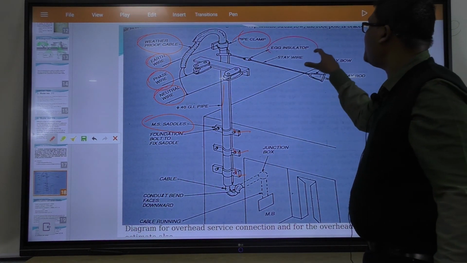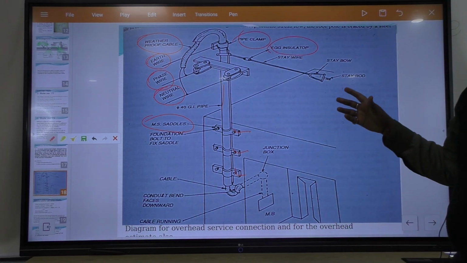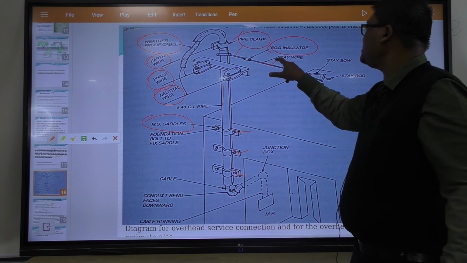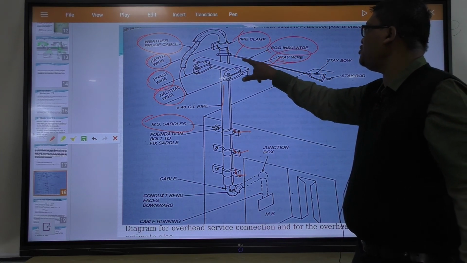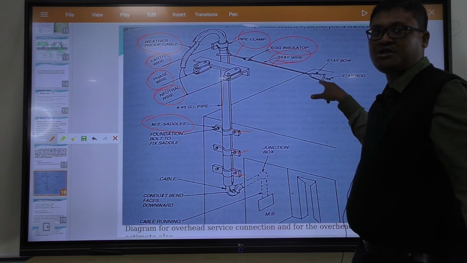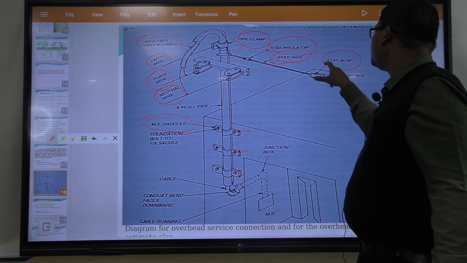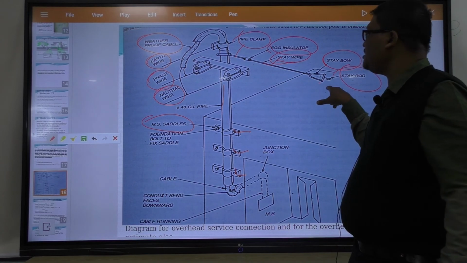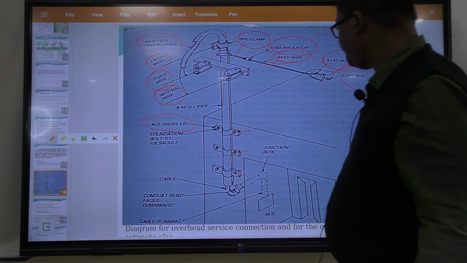This is the plank clamp, and the egg insulator. The function of the egg insulator is to separate the two parts. The stay wire supports the service bracket to the ceiling of the room. This is the stay bow and stay rod to fix the stay wire in the roof.